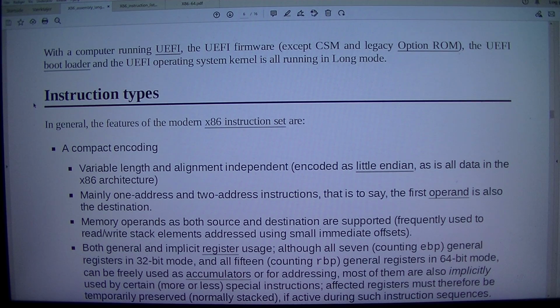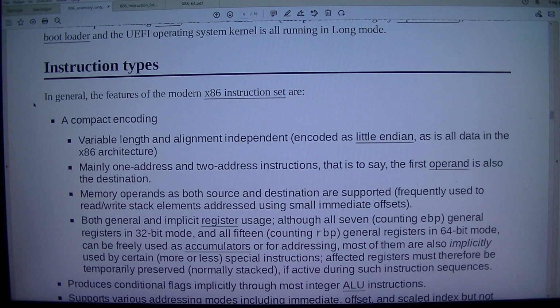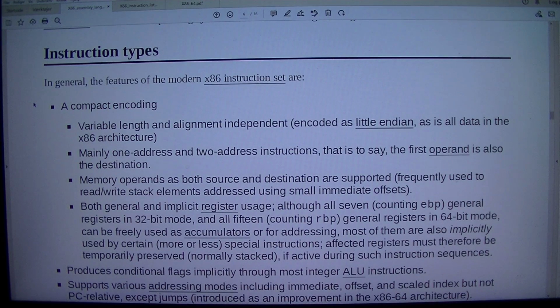Instruction types. In general, the features of the modern X86 instruction set are a compact encoding, variable length and alignment independent, encoded as little endian, as is all data in the X86 architecture. Mainly one address and two address instructions, that is to say, the first operand is also the destination.